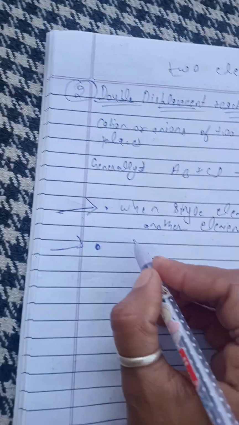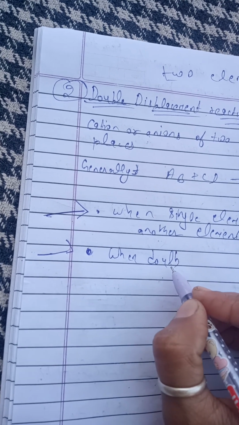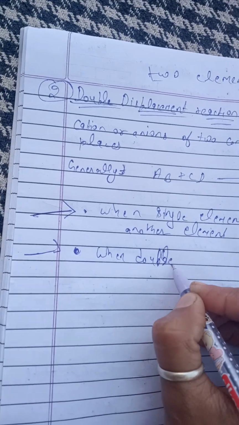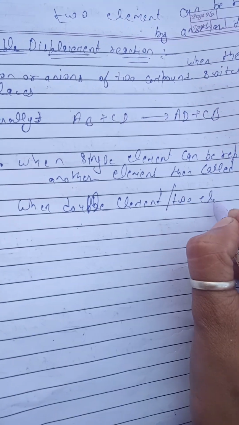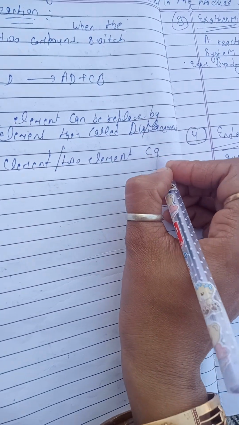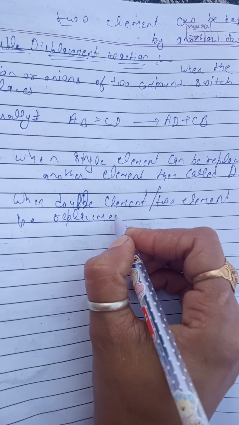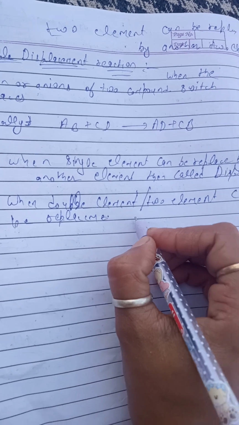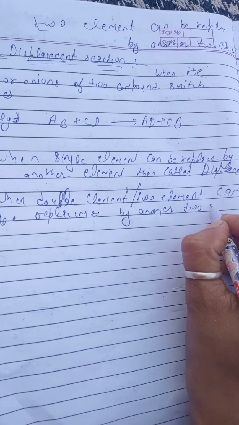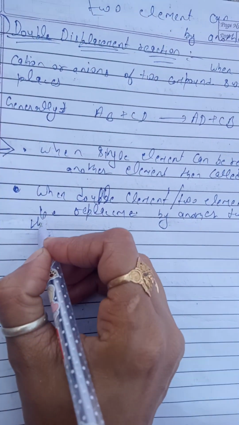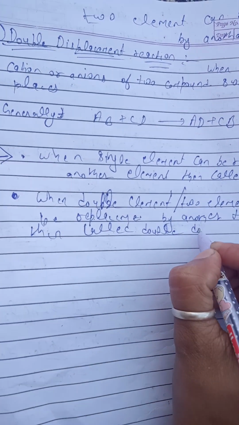But in the double displacement, when two elements are replaced by another two elements, then it is called double displacement.